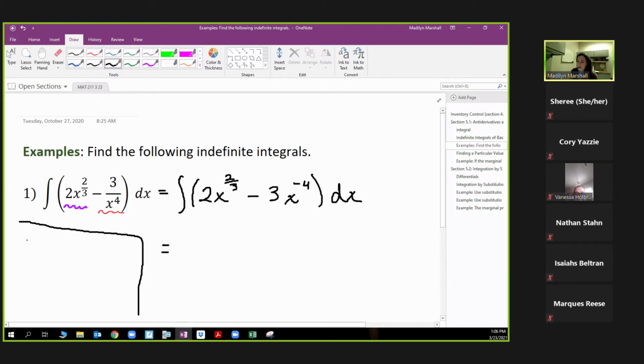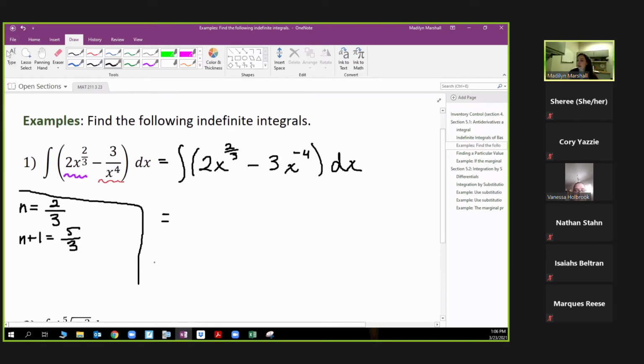So in this first one, our n is 2/3. That's the power that's on the x. So n plus 1 is 5/3. 5/3, yes.